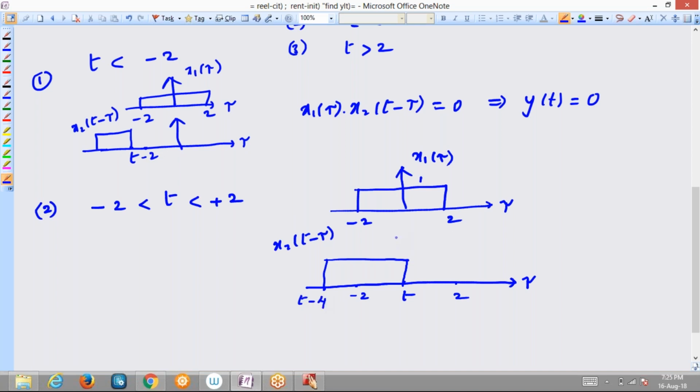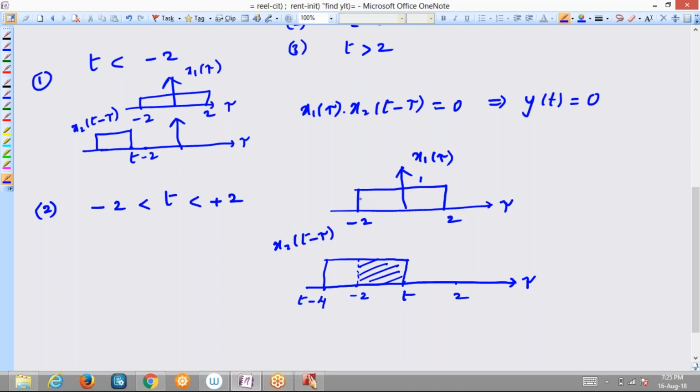So the product of these two in the second case will be non-zero from minus 2 to t.